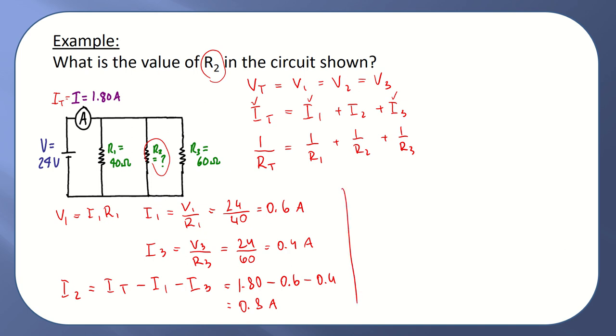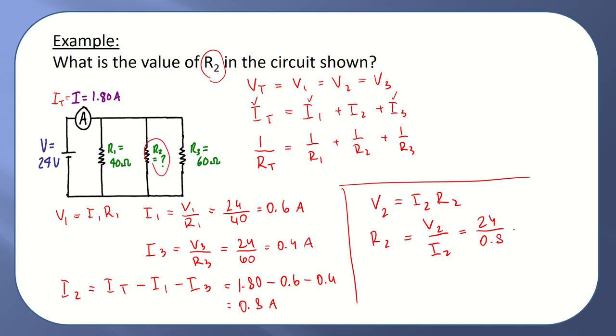And now we can find our last part, which is the R2 value. Well, we know again from Ohm's law that V2 equals I2 times R2. Now in this case, we already know the current I2, we know the voltage 2, we need to find the R value. So R2 is going to equal V2 over I2, where V2 is the same, so it's going to be 24 volt, and I2 we just found to be 0.8.